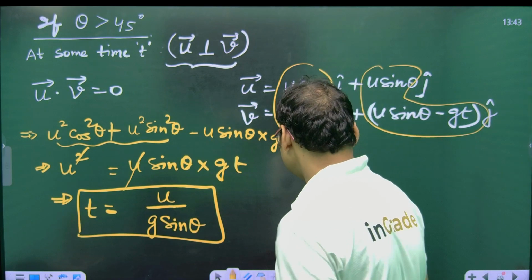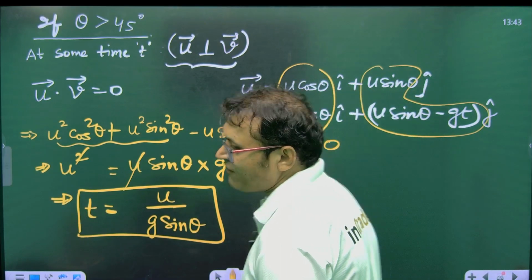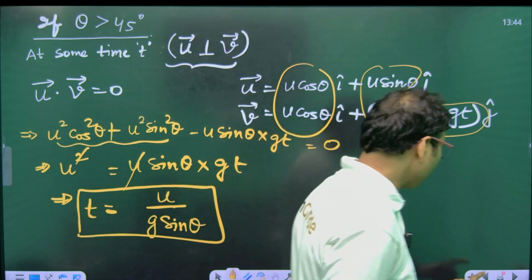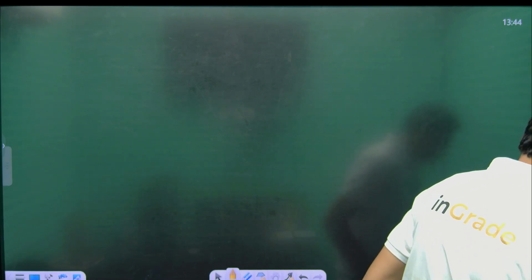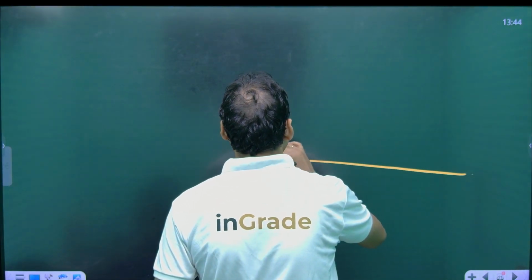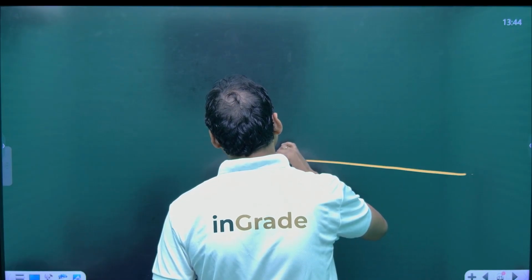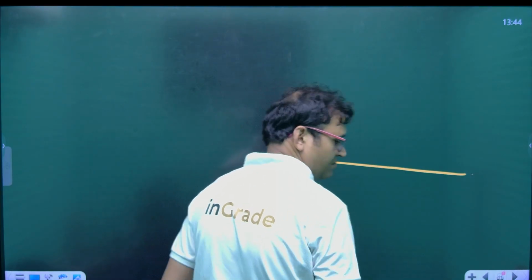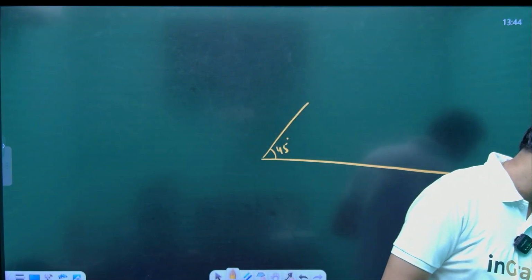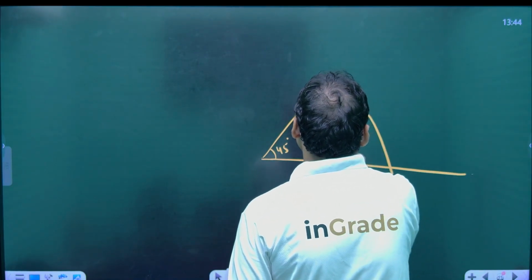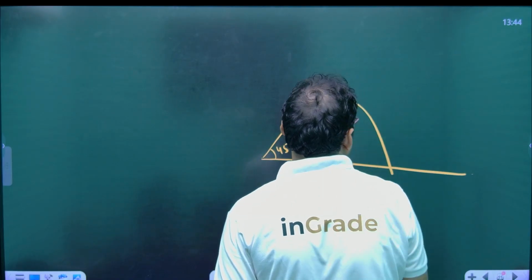Let us discuss some advanced level problems based on projectile motion. There is a question. A ball is projected from the ground at an initial angle of 45 degrees and reaches a maximum height of 120 meters.